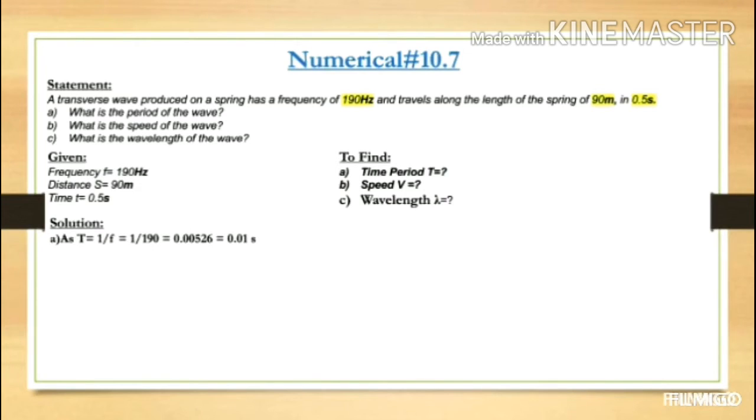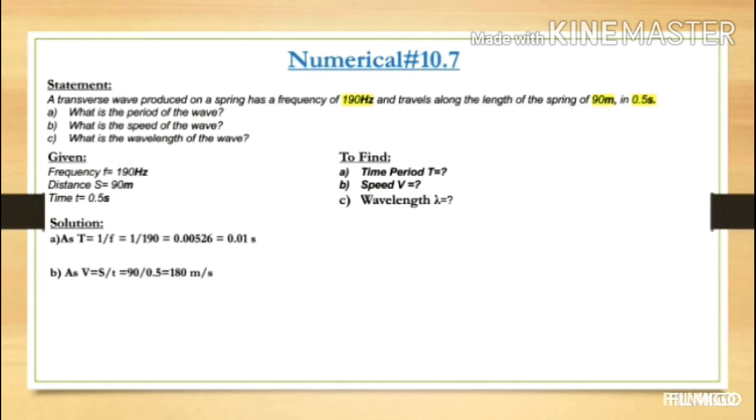For solution, we use formula T is equal to 1 over F as the relation between frequency and time period is reciprocal relation. So T is equal to 1 by F. By putting values, we will get time period is equal to 0.01 second.